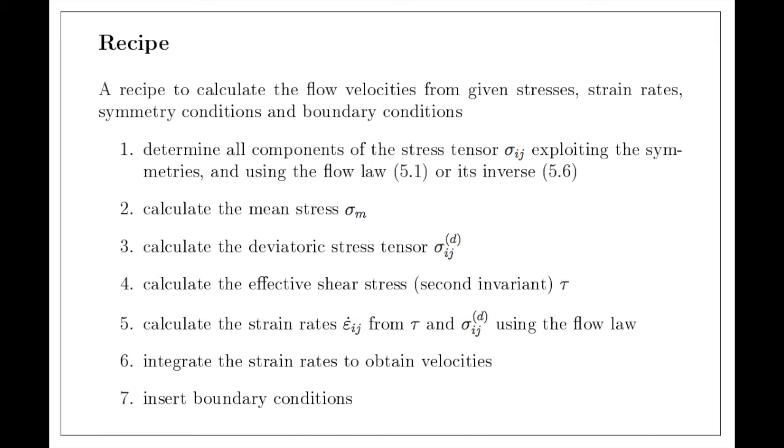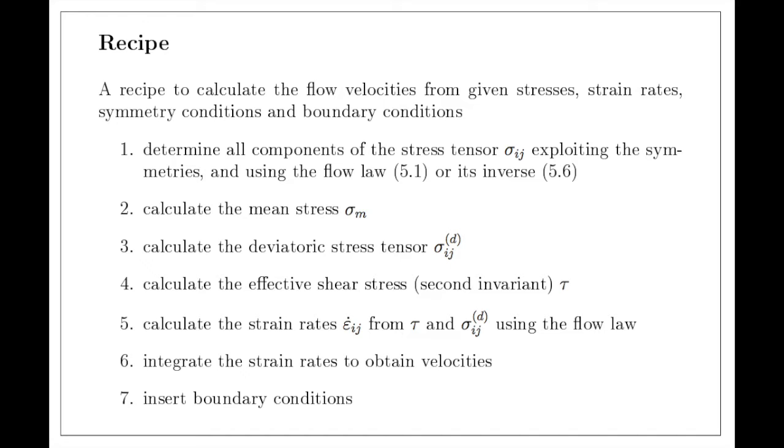The following recipe, taken from Martin Lüthi at the University of Zurich, outlines the various steps we follow to obtain a velocity profile. First, we determine all components of the stress tensor, using the field equations and symmetries to our advantage. From there, we can calculate the mean stress, which, combined with the components of the deviatoric stress tensor, will allow us to calculate the effective shear stress, tau.